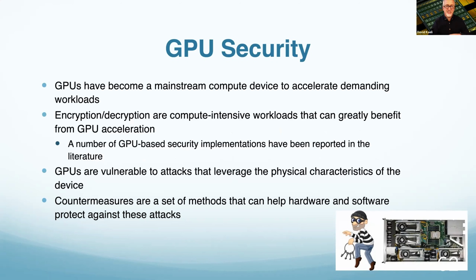AES is a benchmark in a lot of the suites for GPU performance. And there's a lot of implementations in terms of how we can offload and leverage the GPU for encryption to be an accelerator for supporting encryption, decryption dynamically on a particular platform.